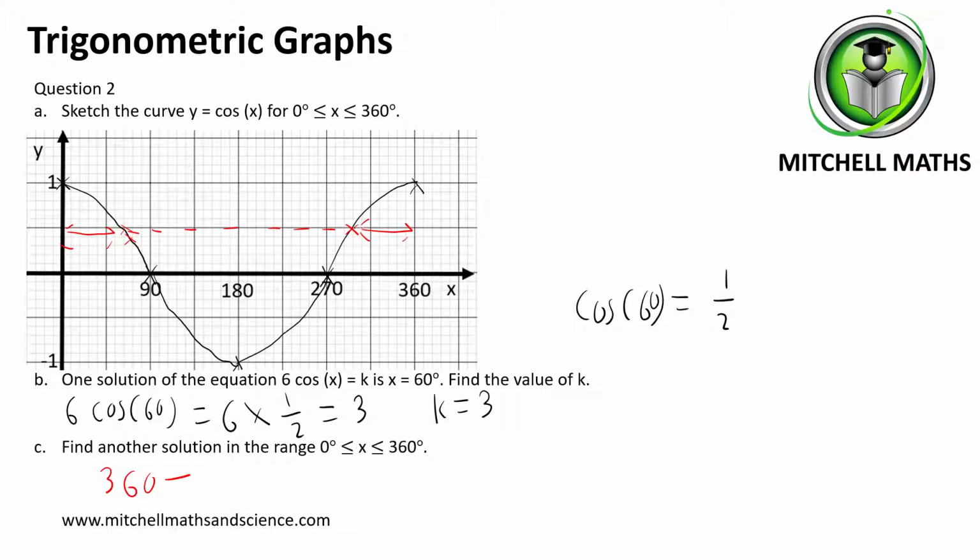In order to work out the x value of this point, I'm going to need to do 360 minus 60, which gives me 300. So my answer to this question is 300 degrees.